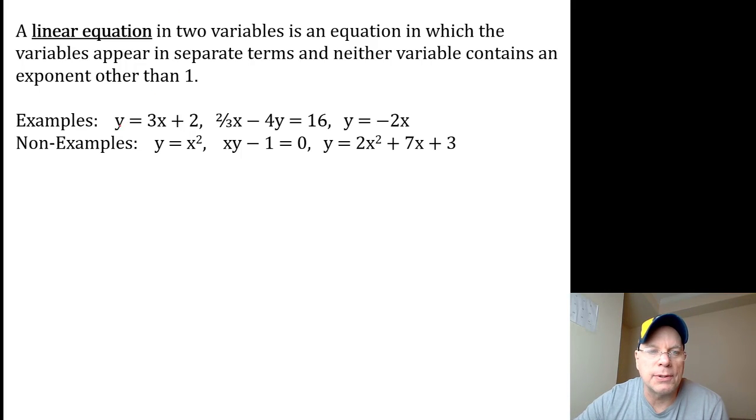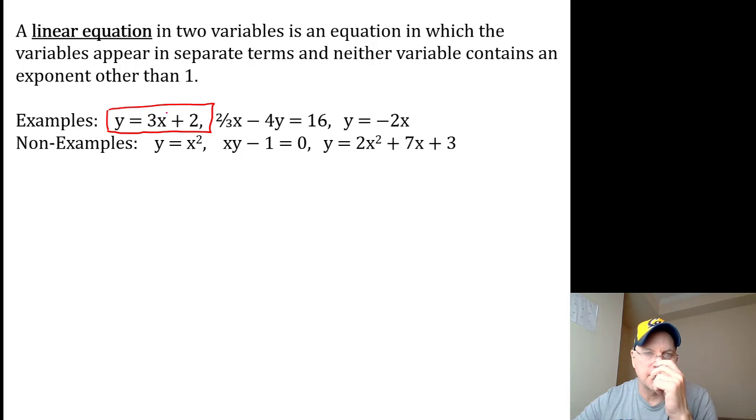In this first example of a linear equation, the two variables, x and y, are the only two variables, and they are in separate terms. They're on separate sides of the equal sign, actually. Here's a term, here's a term, and here's a term. Terms are separated by addition and subtraction.